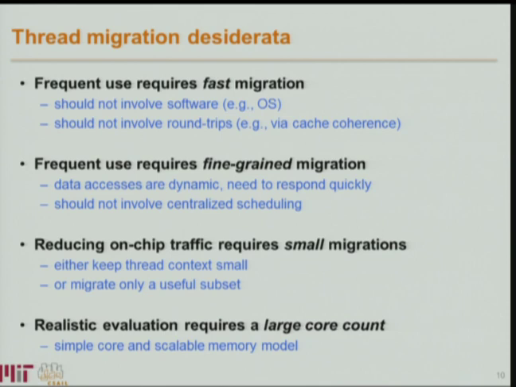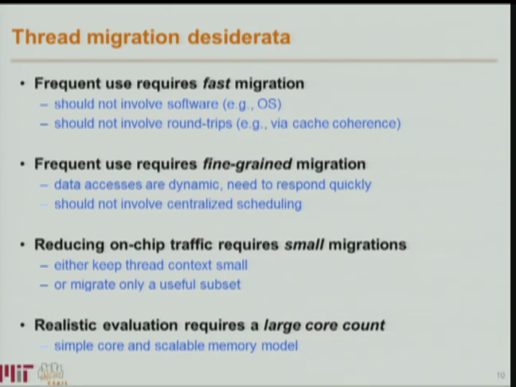So some of our goals in building this chip: if we want to do this migration frequently, then it needs to be fast. That means it must not involve any software. In particular, if you're doing migration or thread balancing for load balancing, then it goes to the operating system and it takes forever. This is not good enough for us.